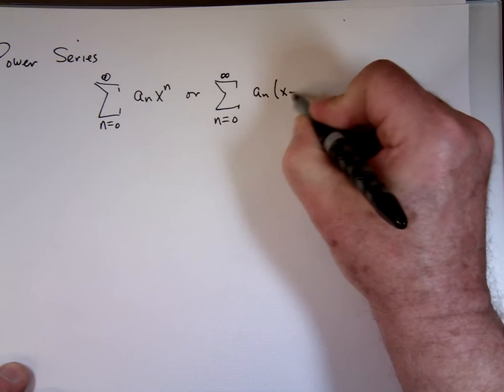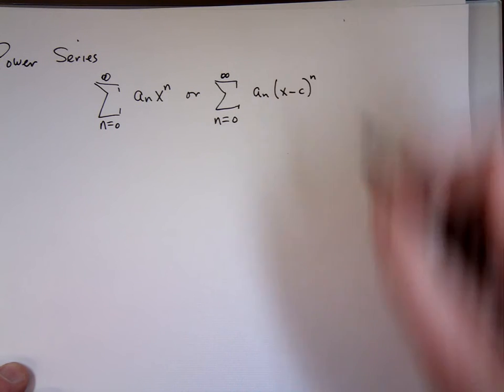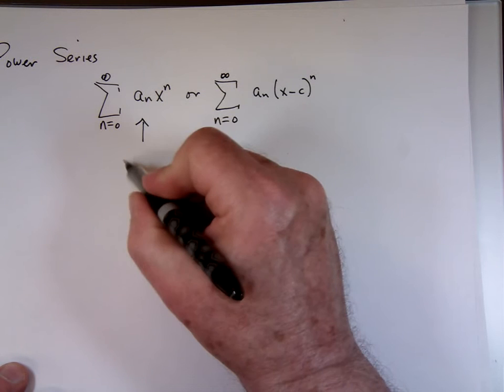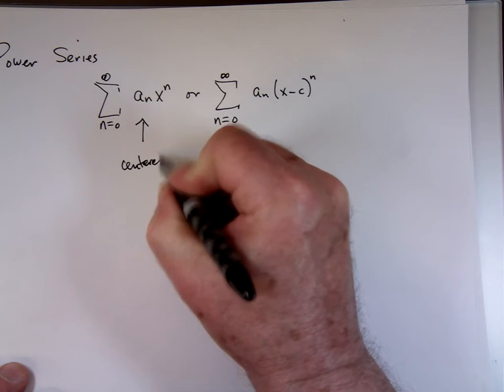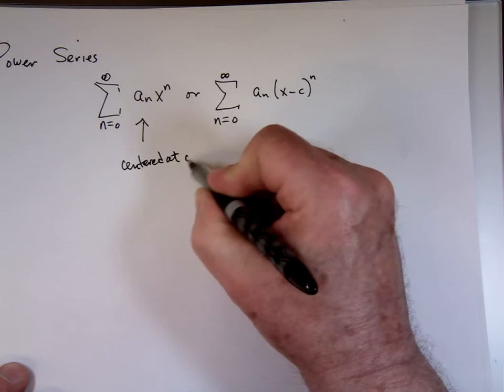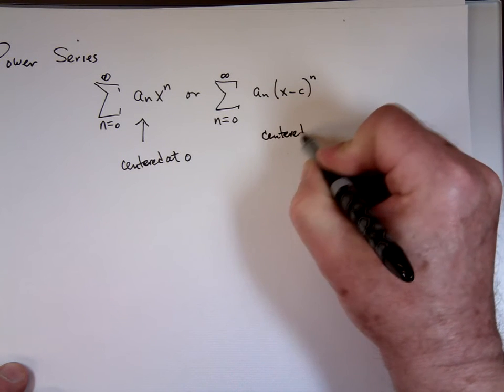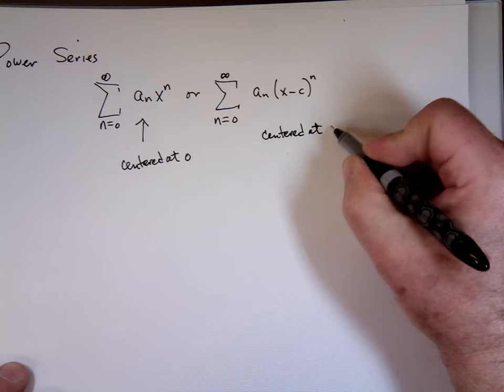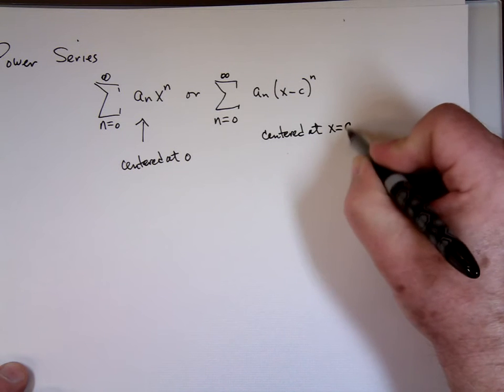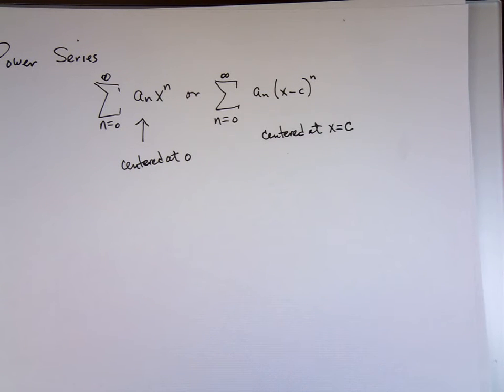This is called a power series centered at 0. This is a power series centered at c. Is it always minus c? Yes, always.